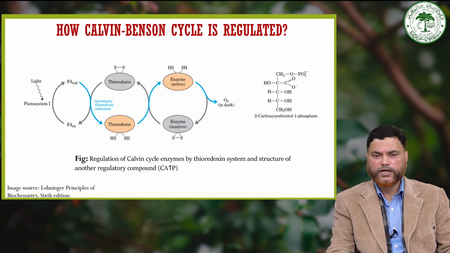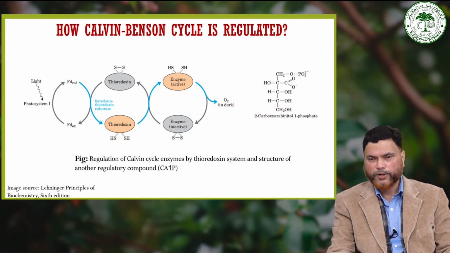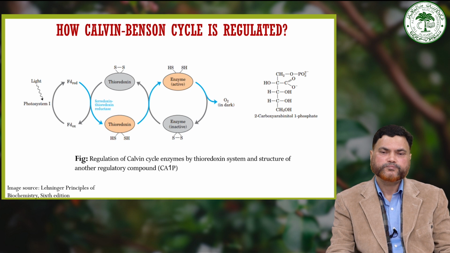The activity of Rubisco activase could also be regulated by light, being active in light and inactive in darkness. So this regulation prevents the Calvin cycle from being active in the dark, when it might function in a futile cycle with glycolysis and the pentose phosphate pathway, wasting ATP and NADPH.